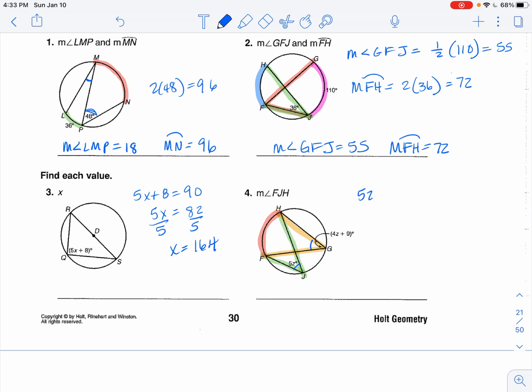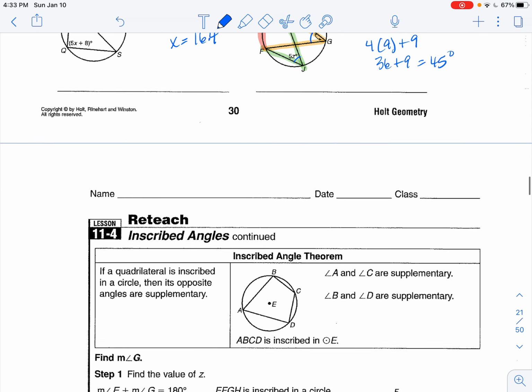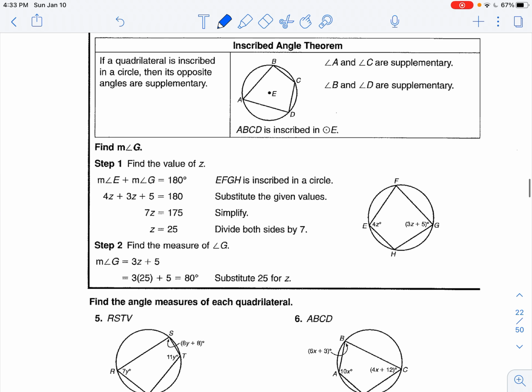So that means these angles are congruent. So 5z is equal to 4z plus 9. If I subtract 4z on both sides, z is equal to 9. If I want to find the measure of this angle, I need to substitute in the 9. So 4 times 9 plus 9, 36 plus 9, and that gives me 45 degrees.